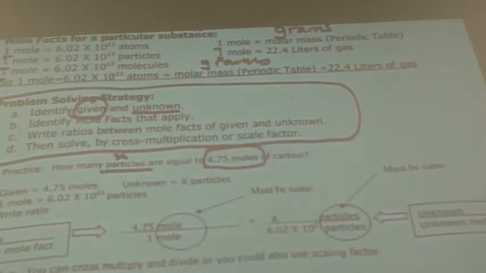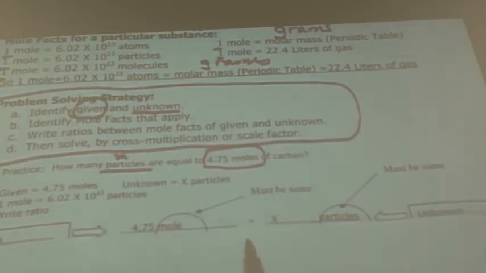The next thing I want you to do is write your given, write an equal sign, and then write your unknown. So right now, if you were solving this on your own, you would have written 4.75 moles equals X particles. You must write the number and the unit.